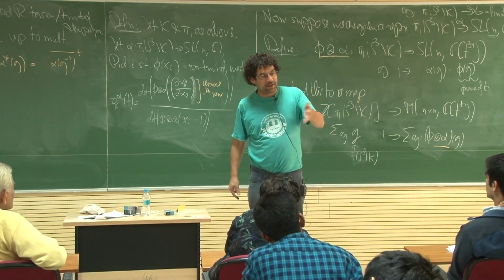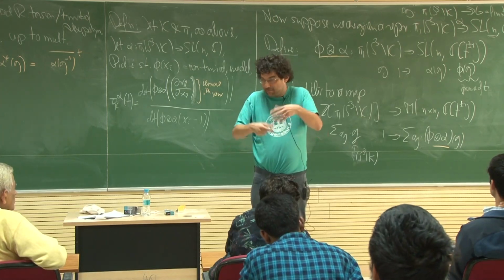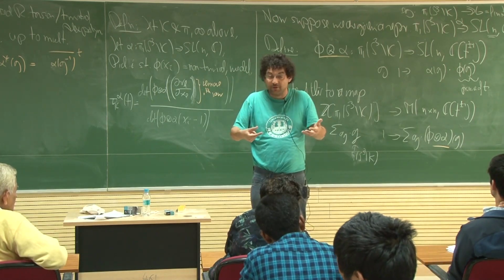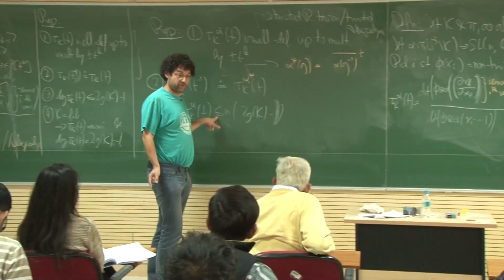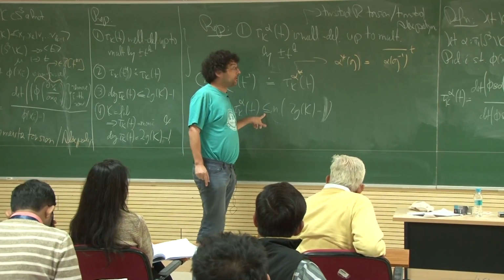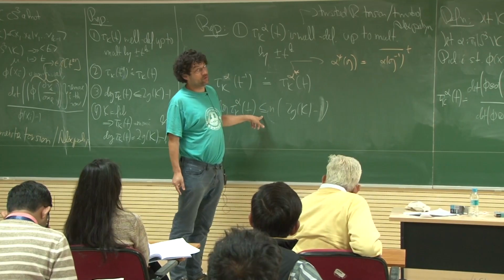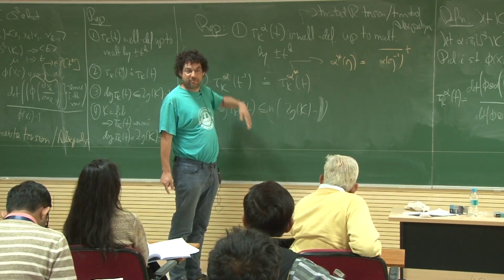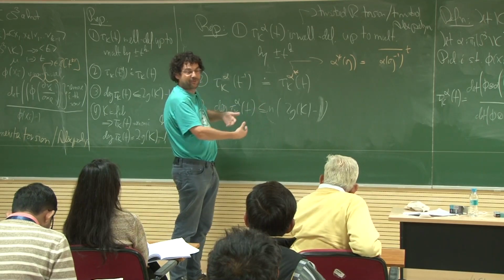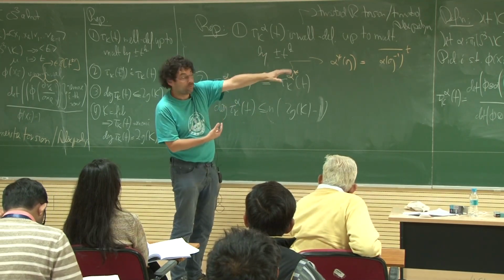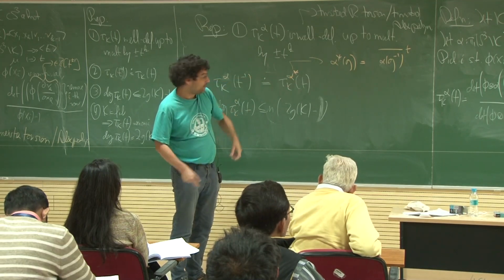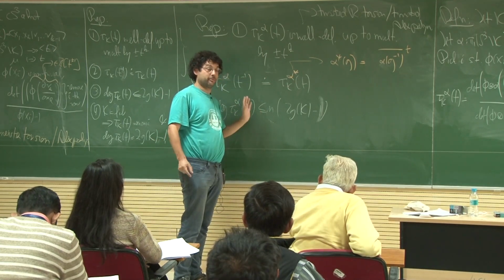In all cases which I tried, you give any knot, you would always find a representation such that, for example, here you get equality. That's something I did like 15 years ago. I wrote a computer program, took all knots up to like 12 crossings, and it would always find a representation of that type such that you get equality.